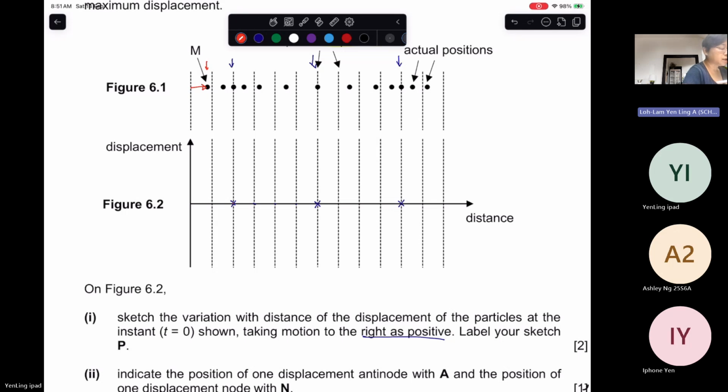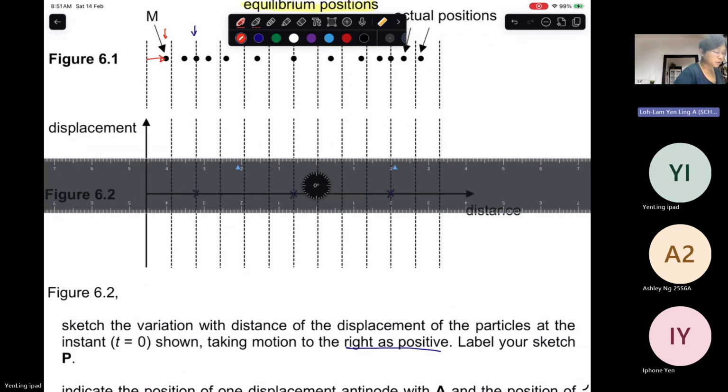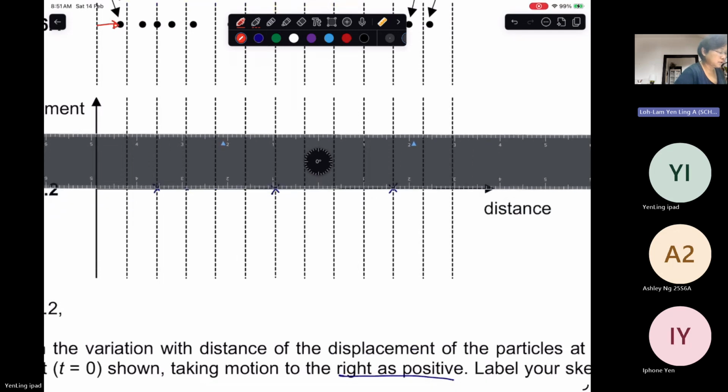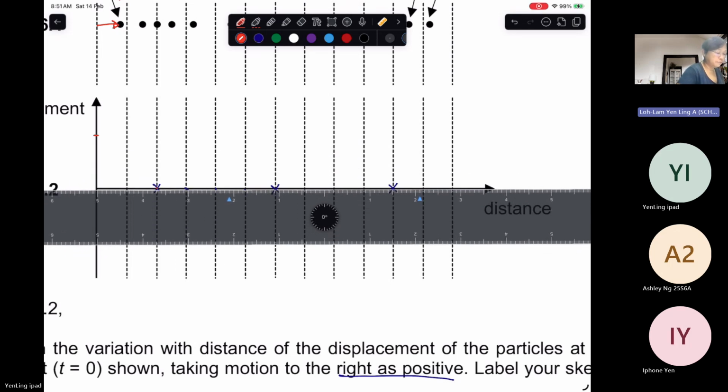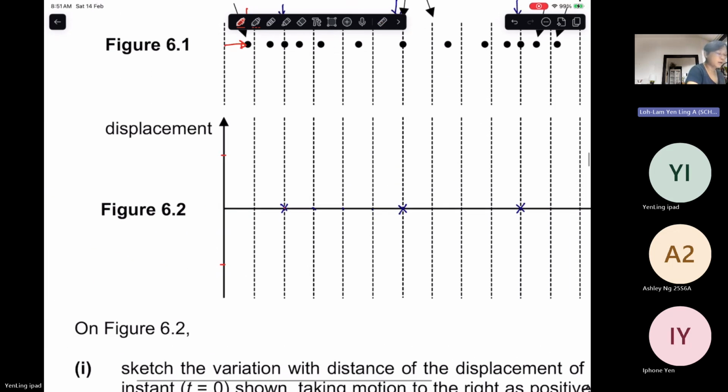In exams, try to make it as accurate as possible. I'm going to blow this up a little bit more so it's easier, and you should take a ruler and align it and make a mark at the top and make a mark at the bottom. Okay, so I'm going to remove my ruler now. Let me see, and then let's go back, and then we can now mark.